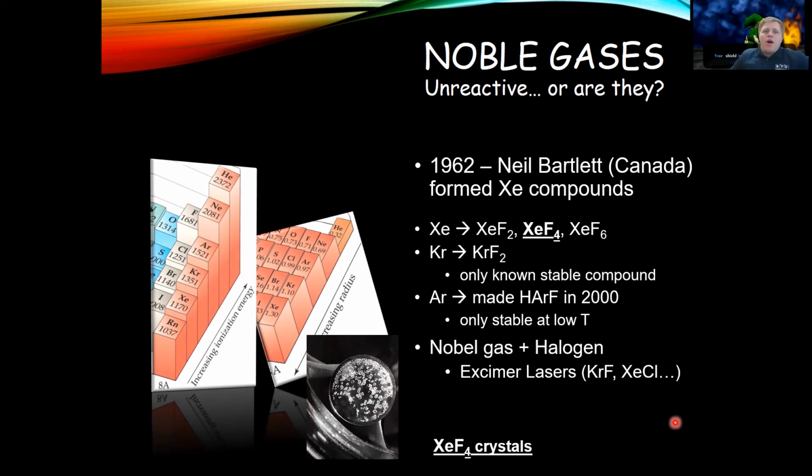So are noble gases unreactive? I would still say yes, they're mostly unreactive. This is just about all the compounds that they form. If you go to the Wikipedia page for the noble gases or the noble gas compounds, I think it gives you a couple more than this, but really there's just a couple and they're kind of hard to make.